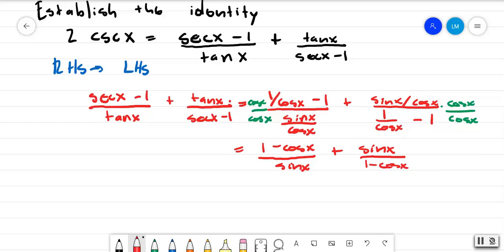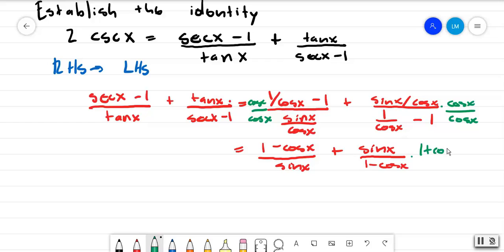Now, earlier I mentioned that we can combine like terms by using the common denominator. But I noticed that if I multiply this by 1 plus cosine of x divided by 1 plus cosine of x, we can introduce cosine squared, then rewrite it as sine squared and simplify.